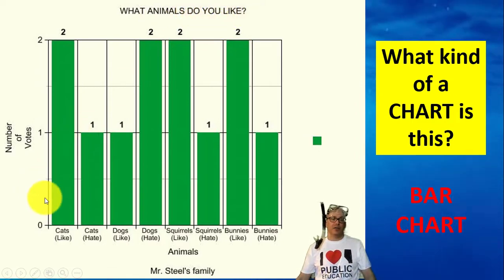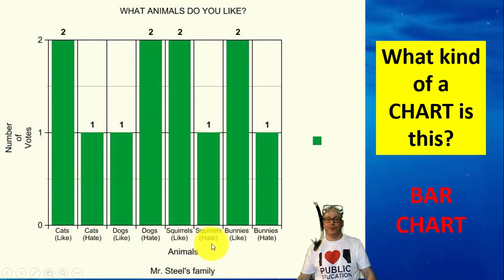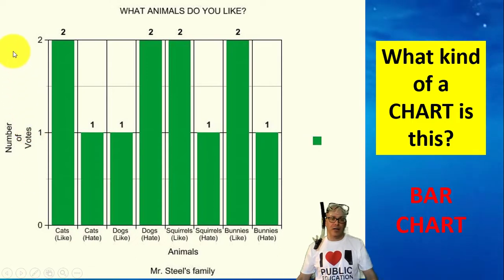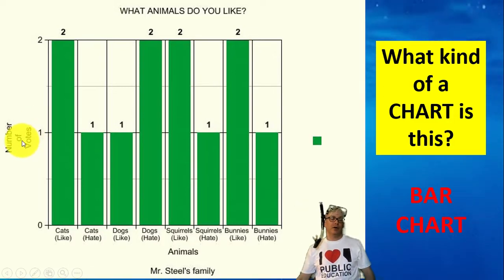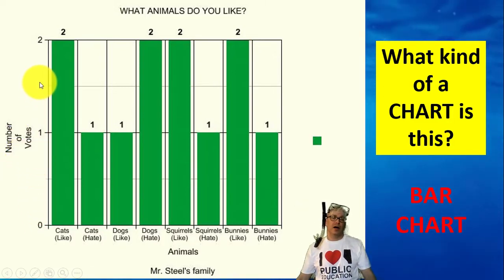Down at the bottom, this is called the x-axis. This is called the y-axis. Along the side, this is the number of votes that each person cast. A vote is a choice, right?